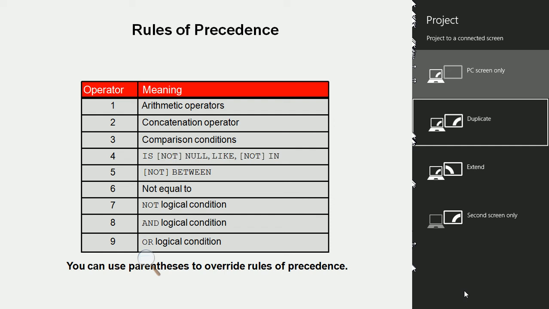We use the NULL operator and IS NOT NULL. We use the LIKE operator, NOT LIKE operator. And we use the IN operator and NOT IN operator. Then we use the BETWEEN operator and also the NOT BETWEEN operator. We use the not equal to operator. Then we use AND, OR, and NOT as well. Clear?